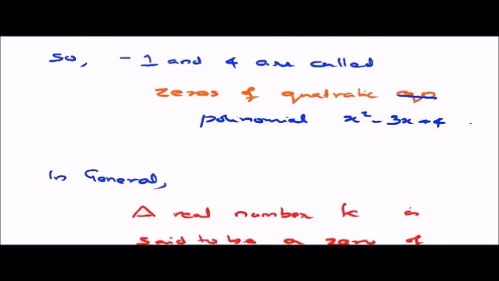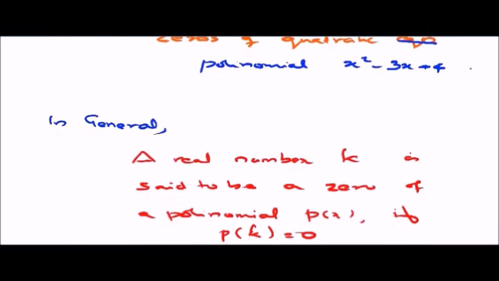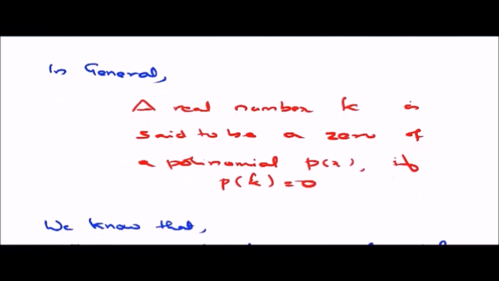So in general, we can conclude that a real number k is said to be a zero of a polynomial p of x if p of k is equal to 0.